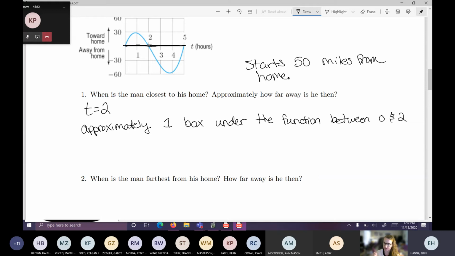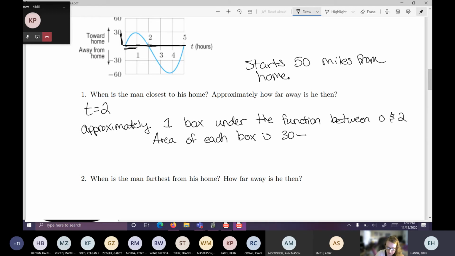But then remember, that doesn't actually tell us that he only traveled 1 mile, because we need to take into consideration the amount of area in each box. Based off of the labels on the axes, these are 1 by 30 boxes. So the area of each box is 30.